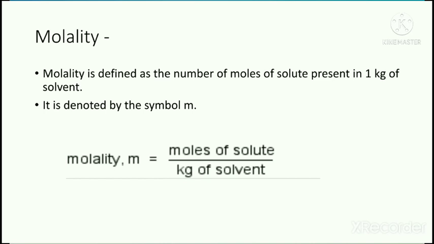Formula we see: molality, its symbol is small m. Molality is denoted by small m. Molality, that is small m, is equal to number of moles of solute divided by mass of solvent in kilograms.